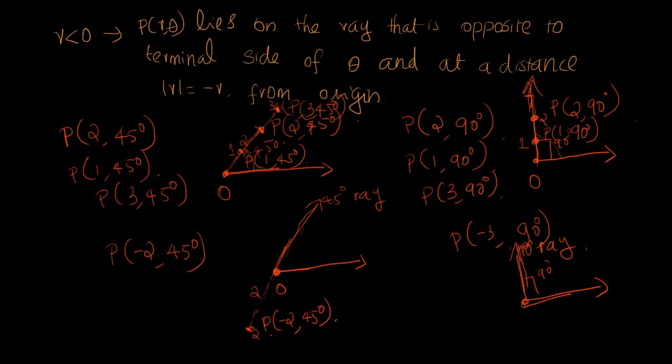Minus 3 means in the backward direction. Find the distance 3. So this is a point. Actually, the distance is measured as positive, so the distance is 3 and the point is (-3, 90°). Okay, this is a representation.